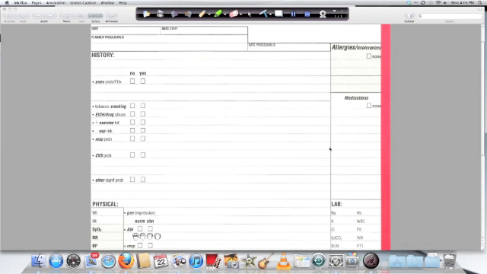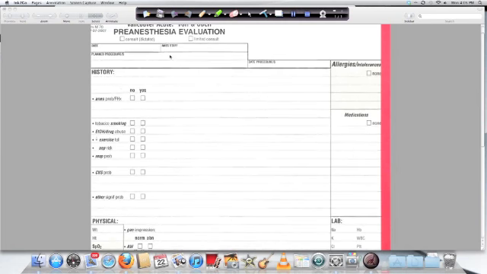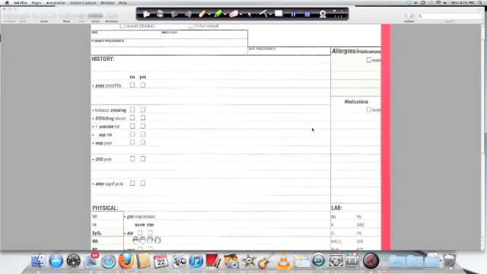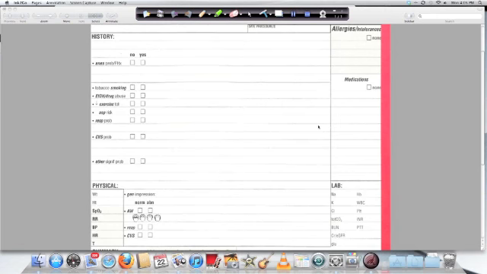For example, if they're getting an epidural, has their dose been stopped a couple days before to make sure that they're not at risk of bleeding into the epidural space? And so you want to go through and record all the medications that they're taking so that your staff anesthesiologist is aware and that we make sure they're in the right state to have the surgery.